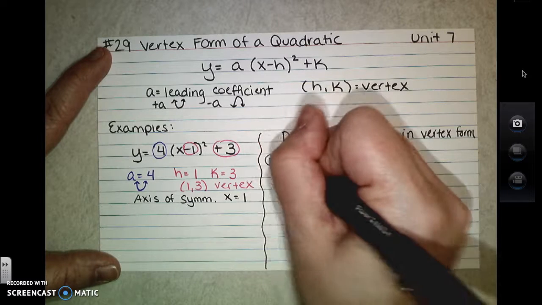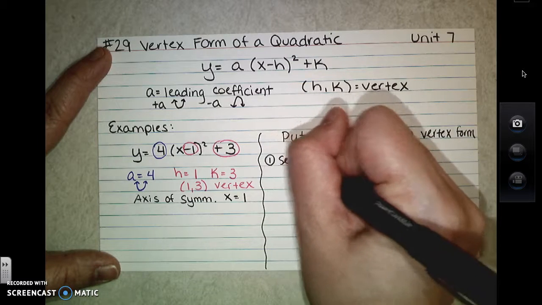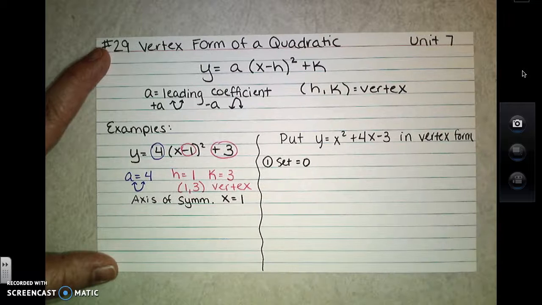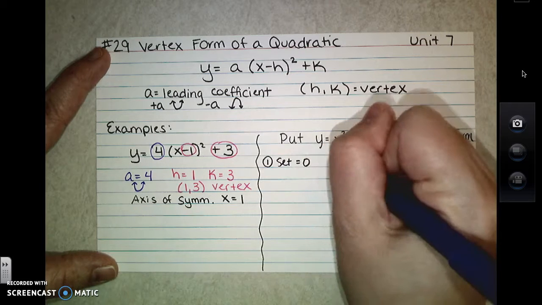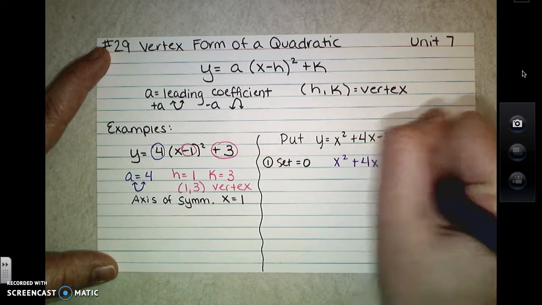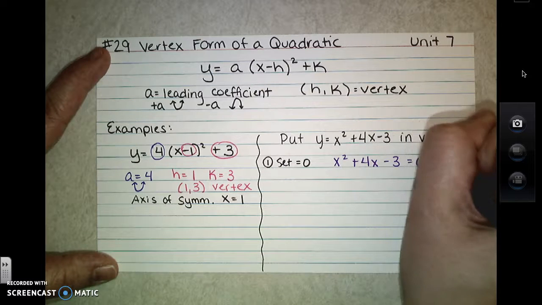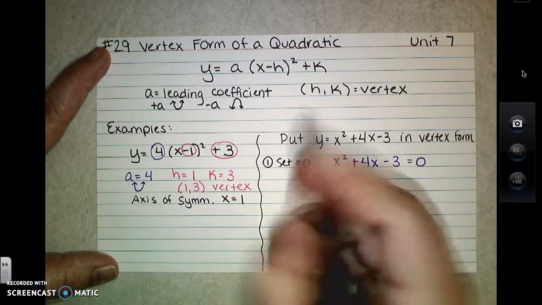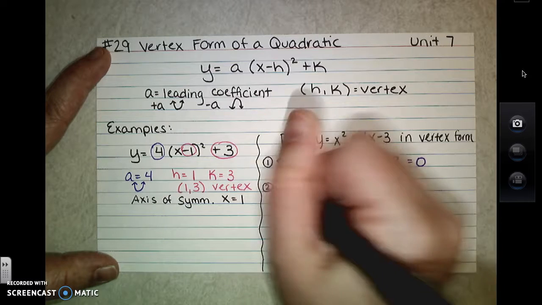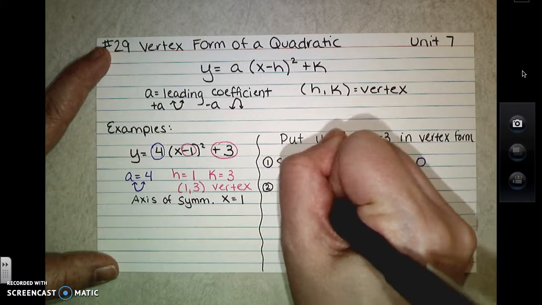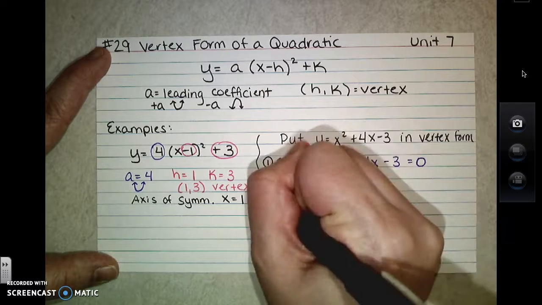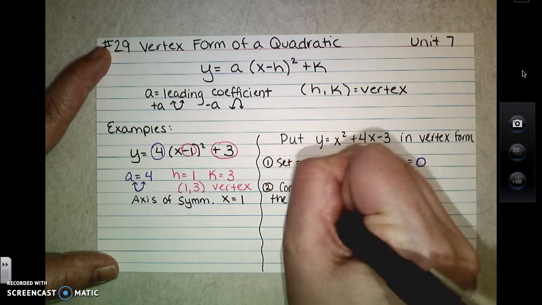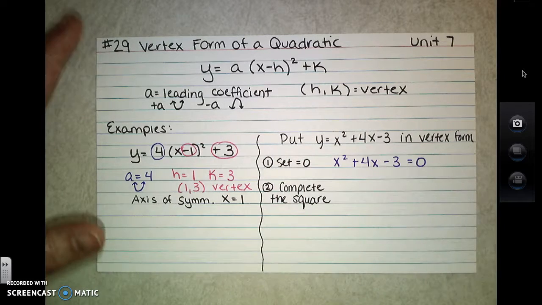Step 1 is to set it equal to 0. So x squared plus 4x minus 3 equals 0. Step 2 is complete the square. And remember, we're not going to do the square root part. We'll write that down in a second.